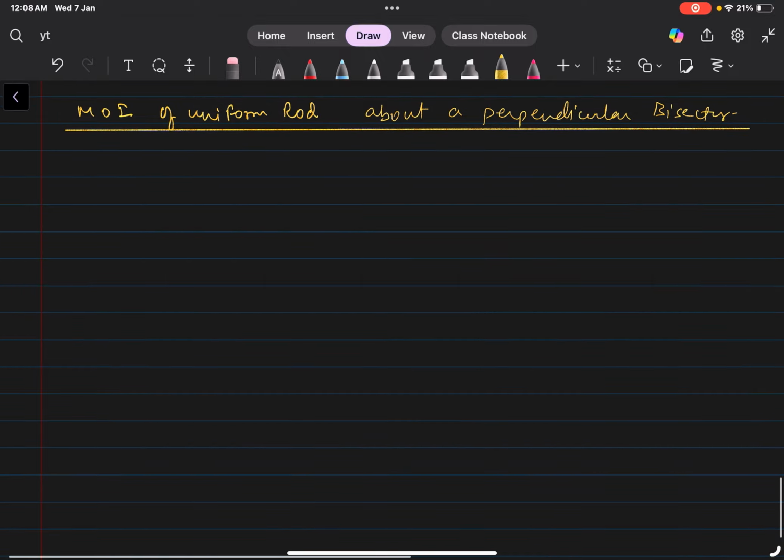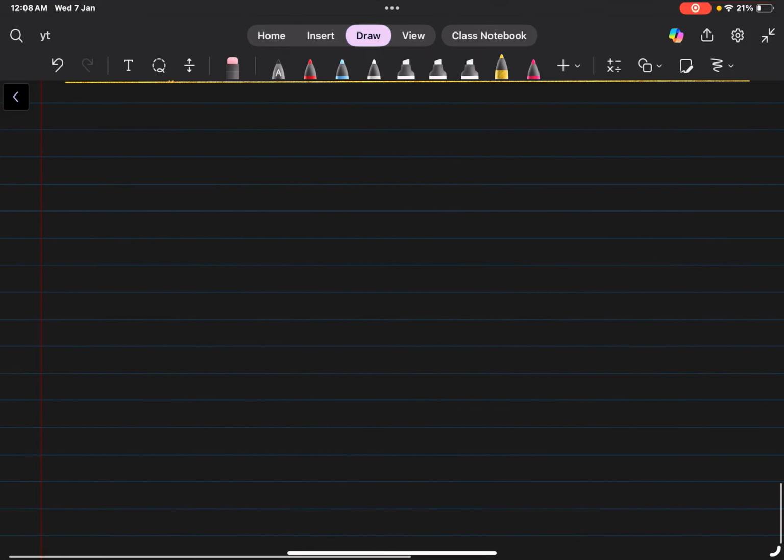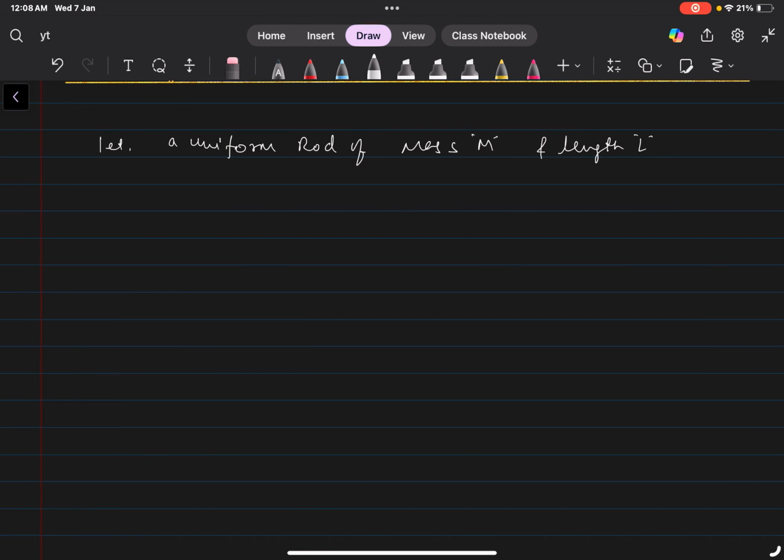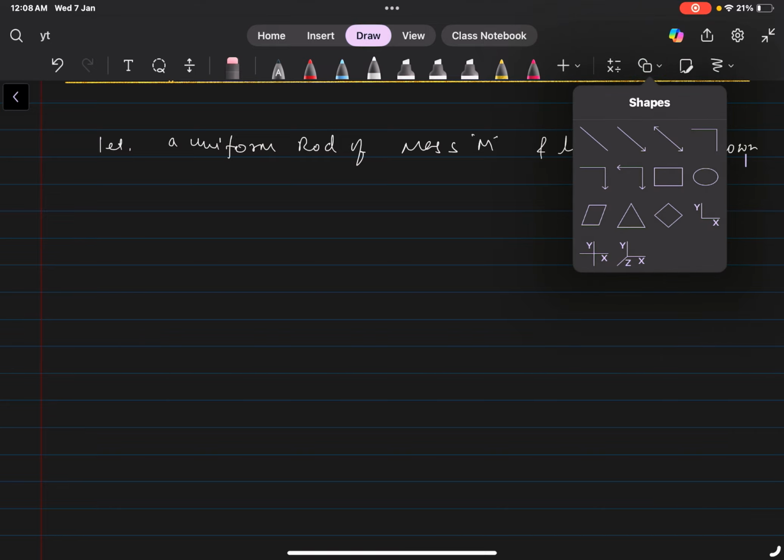Assume a uniform rod of mass m and length l, as shown.